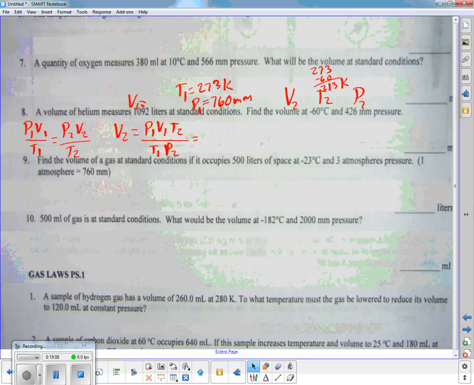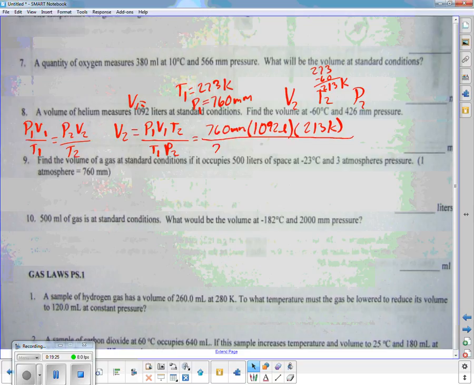Okay. Is there anything else we need to do before we plug in? 760 millimeters mercury times the volume times the temperature 2 divided by temperature 1 times pressure 2.